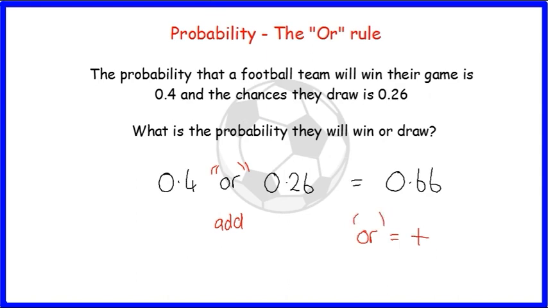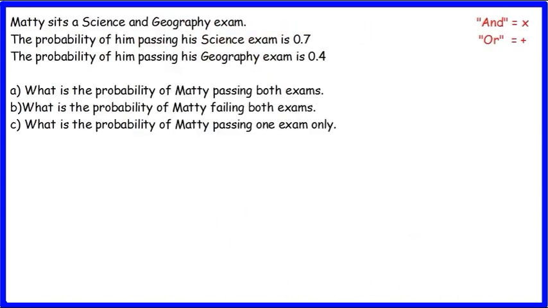So let's see what these questions will look like. Okay, so I'm going to leave these up here. AND is multiply and OR is add. So we're always going to think of that. Matthew sits a science and geography exam. The probability of him passing his science is 0.7, and the probability of him passing his geography is 0.4. What is the probability of Matthew passing both exams?